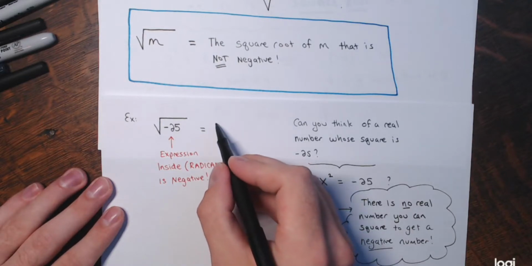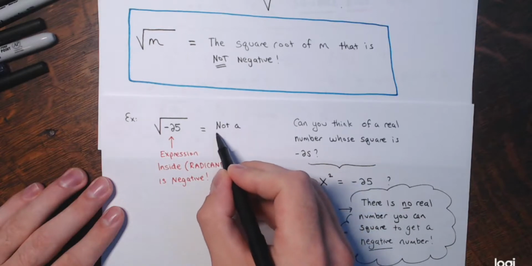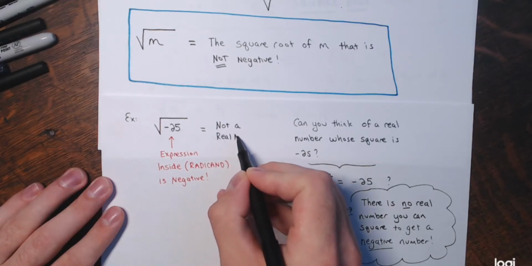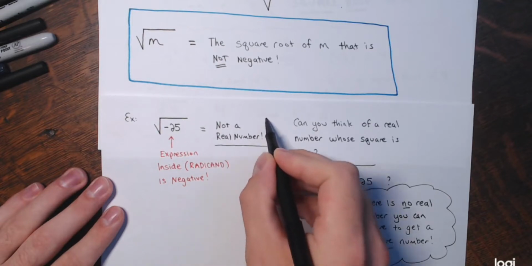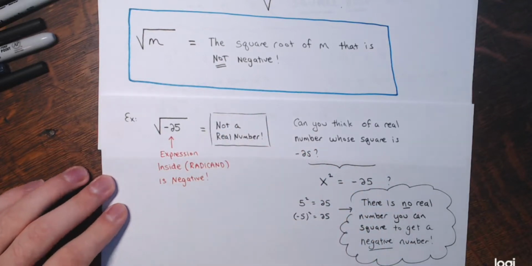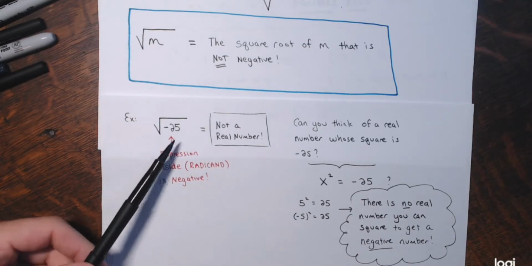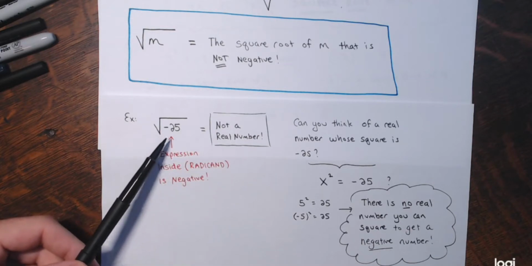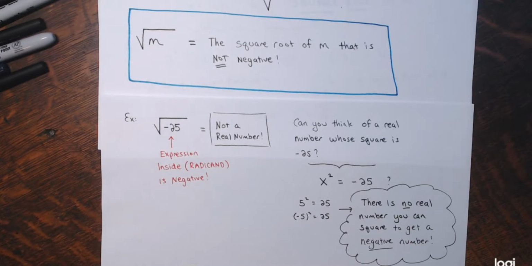So all we're going to say right now is that this is not a real number, and that is all we're going to say for this section. In future sections, we'll learn about imaginary numbers, which are the square roots of negative numbers. But for right now, in section 8.1, when you see a negative number inside a square root, we simply say that it's not real.